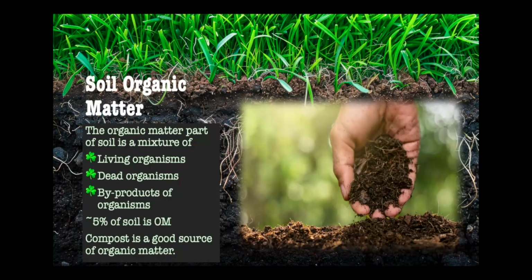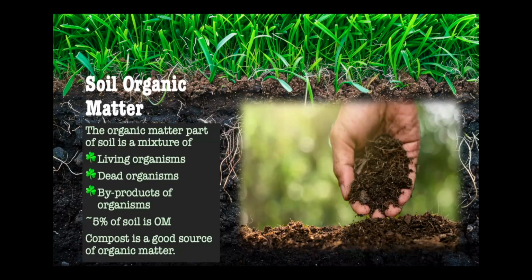What is organic matter? It's the part of the soil that's carbon based. It comes from things that are either alive now or dead, or something that was produced, like manure and urine, or also organic matter in your soil from all those organisms.